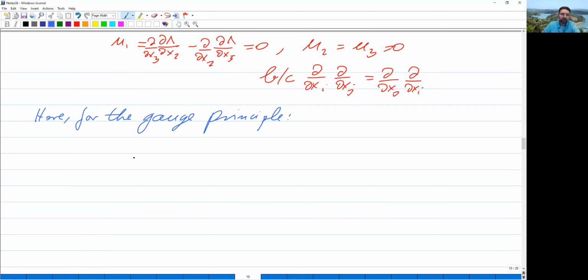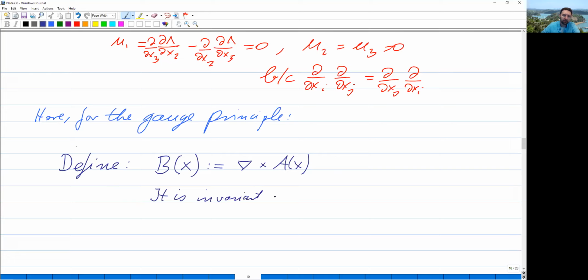Well, we have that if we define the following, let's define a vector field B of x, which is the curl of our vector field A of x. Then this vector field B of x is immune to gauge transformations. Let's see. So it is invariant under gauge transformations.